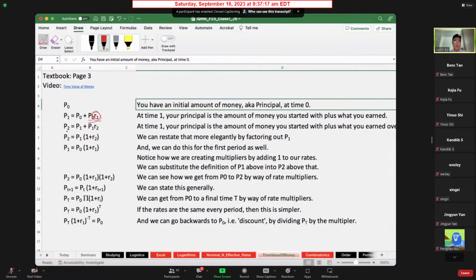And then if you move one more period, this is a compounding period. This time the interest rate could be different, or it could be the same, but let's say R2 applied to P1, that amount at time 1.